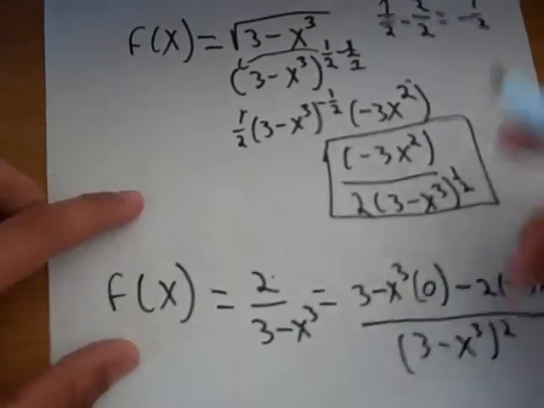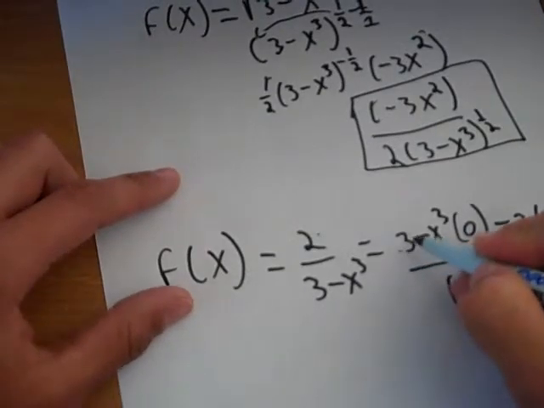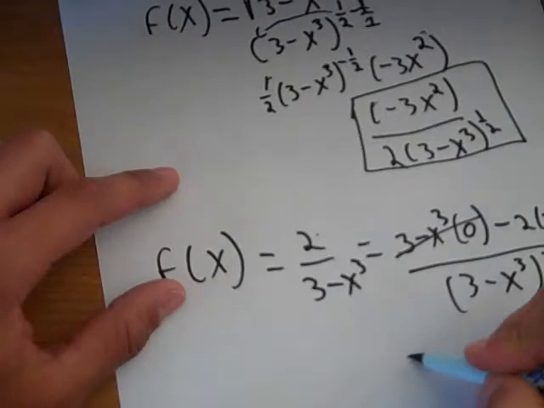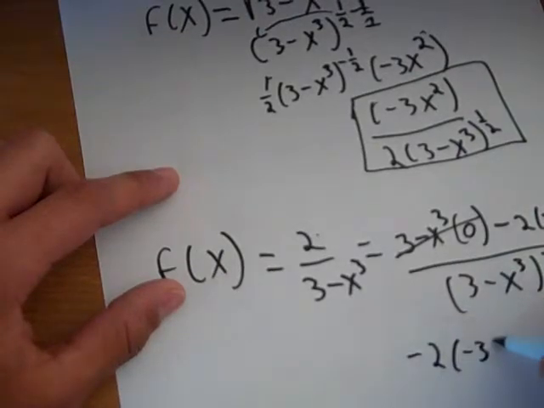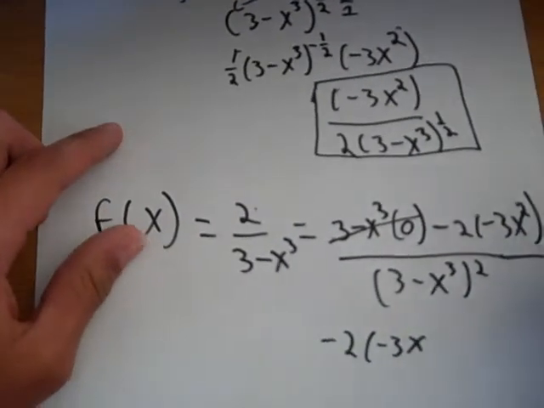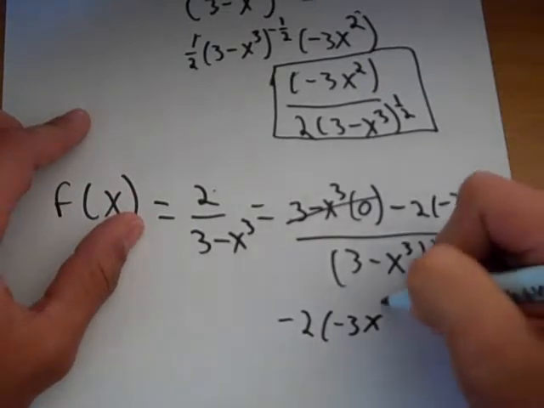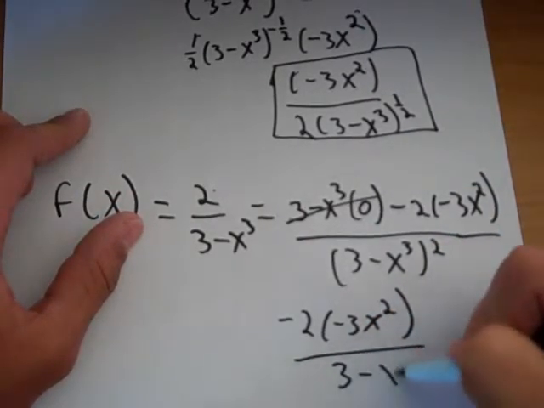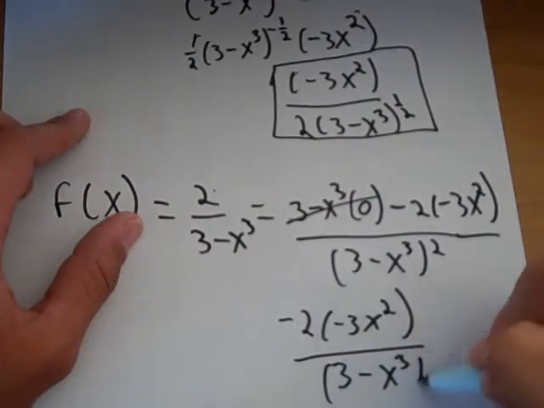Okay, so you have that. Now all you have to do is simplify up here. That equals 0, and now you're left with 3x squared over 3 minus x cubed squared.